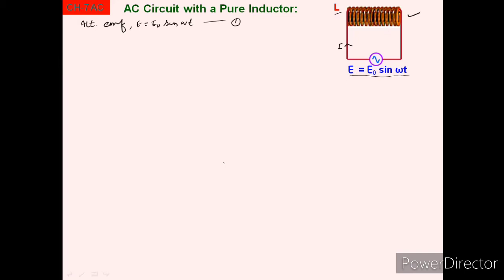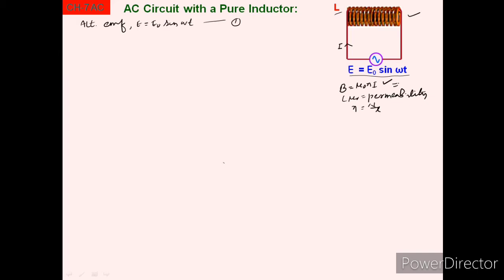When current passes through this inductor, the magnetic field developed there can be written as B is equal to mu naught n I, where mu naught is the permeability of the medium inside the inductor, and n is the number of turns per unit length.